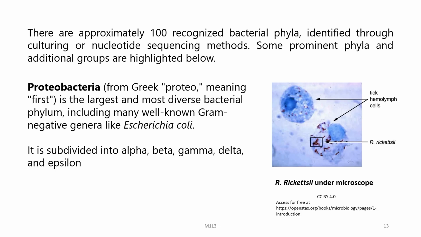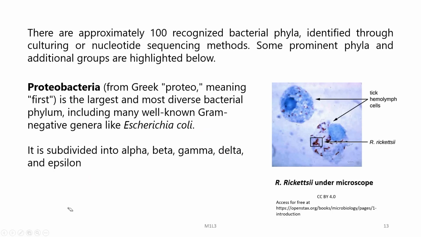So, let us start with Proteobacteria. It comes from the word Proteus, meaning first, and it is the largest and most diverse bacterial phylum, including many well-known gram-negative genera like Escherichia coli. It is subdivided into alpha, beta, gamma and delta, and also epsilon.